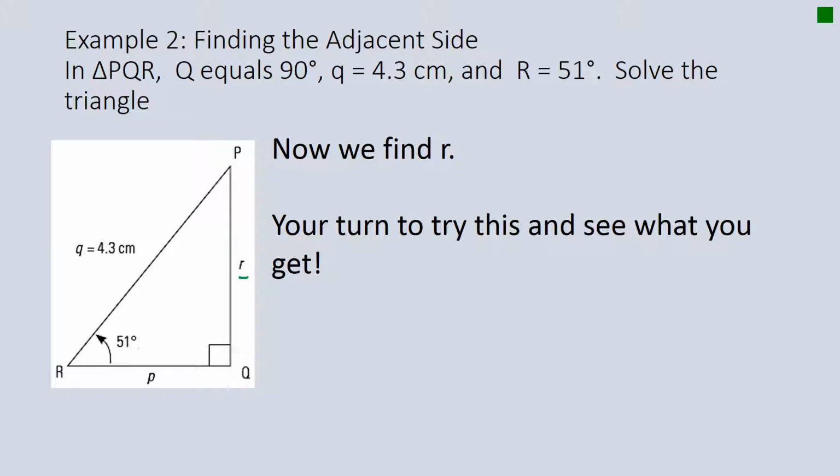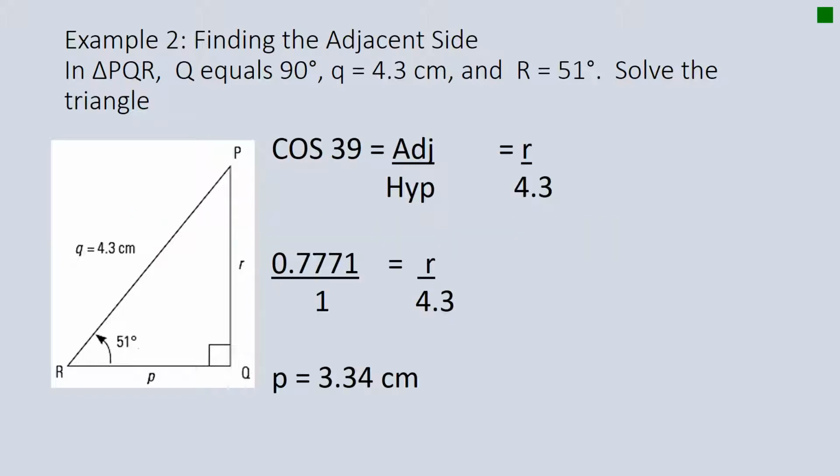Now going forward, we have to find r. So you try it and see what you get. Now we could use this angle we found up here, and you could do the cosine with your r and your hypotenuse here, because your r is adjacent to that angle. Or if you're more comfortable, you could do Pythagoras, because now you have two sides. It's up to you.